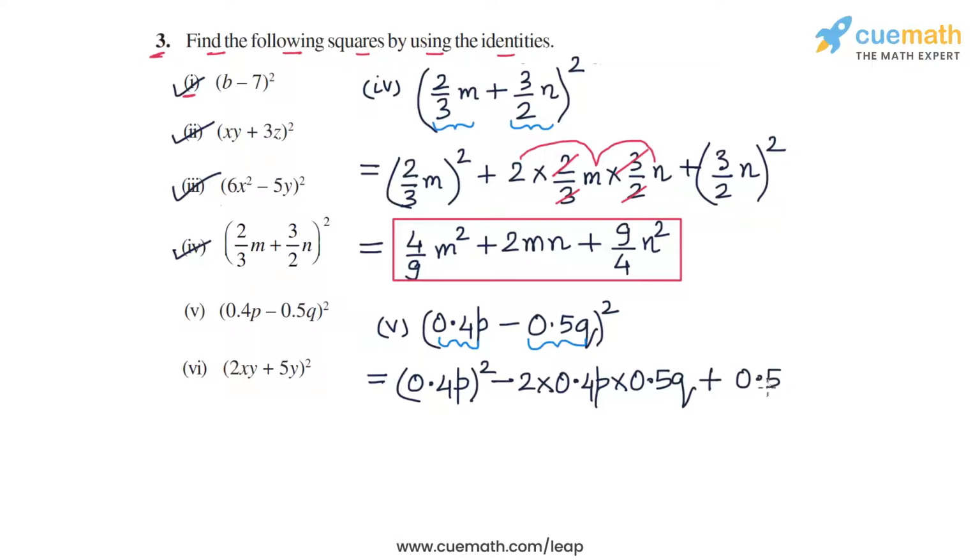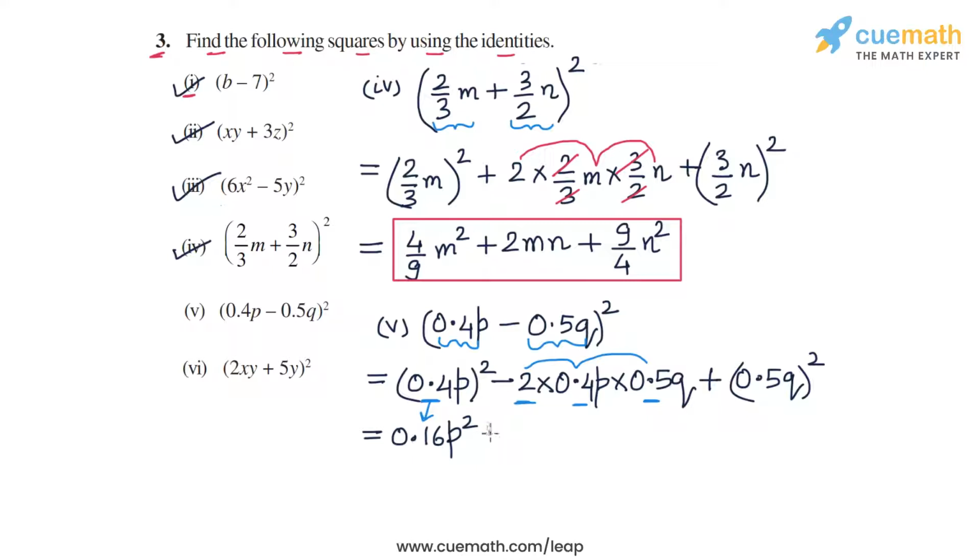Now 0.4p whole square will be 0.16p square. Okay, make sure you understand this. The square of 0.4 is 0.16. So we get 0.16p square. Then we have minus 2 into 0.4p into 0.5q. So if you take the product minus 2 into 0.4 into 0.5, you will get minus 0.4.